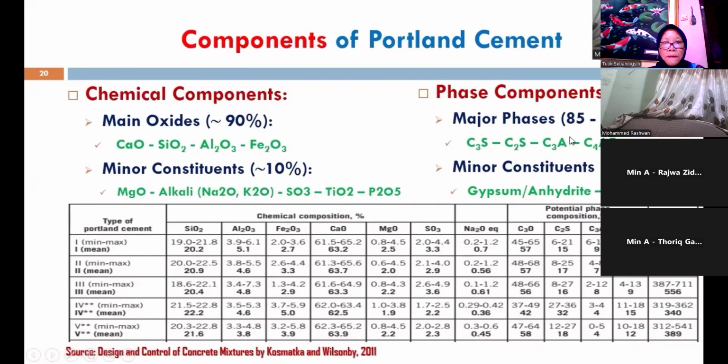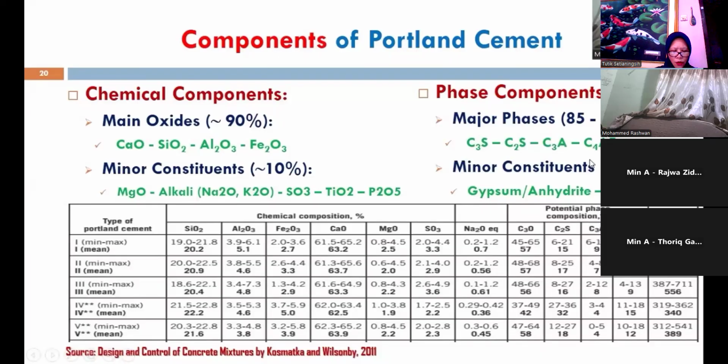Regarding the phase composition, OPC or Portland cement is composed mainly, 85 to 90%, of C3S, C2S, C3A, and C4AF, which are abbreviated for tricalcium silicate, dicalcium silicate, tricalcium aluminate, and tetracalcium aluminoferrite, also called alite, belite, celite, and ferrite.